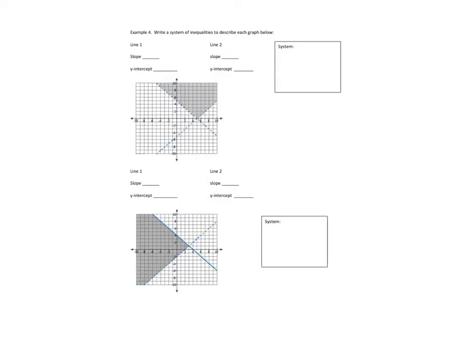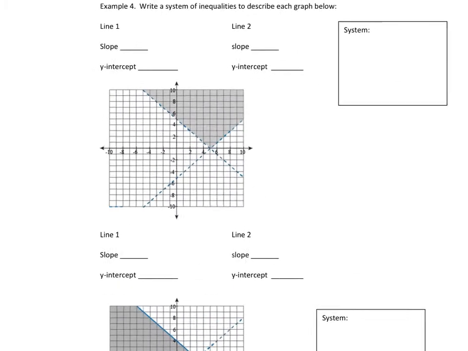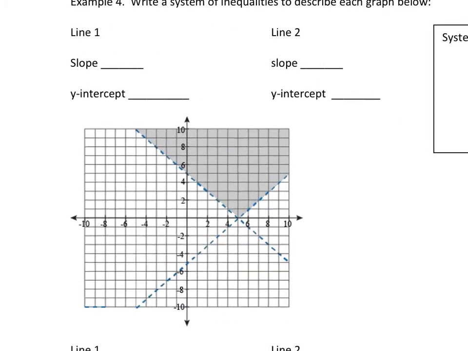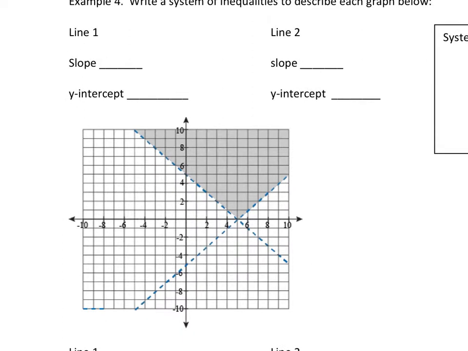Sometimes you have to go backwards and write a system of inequalities. To do this, I break it up into a process. There are 2 lines that are intersecting. I'm going to call this one line 1 and this line 2. Look at the slope of line 1.